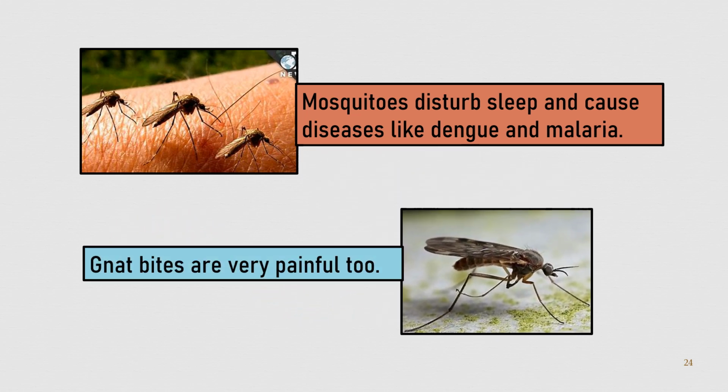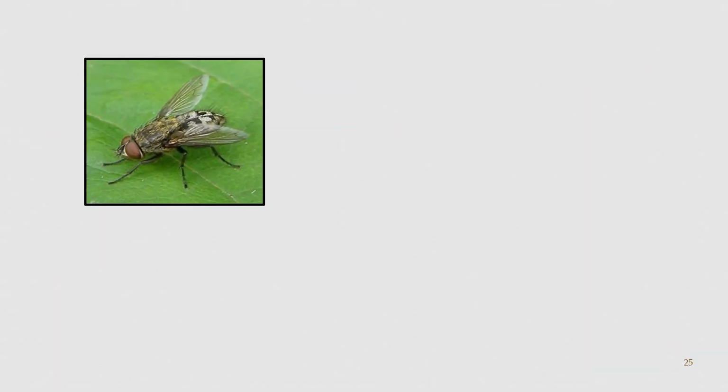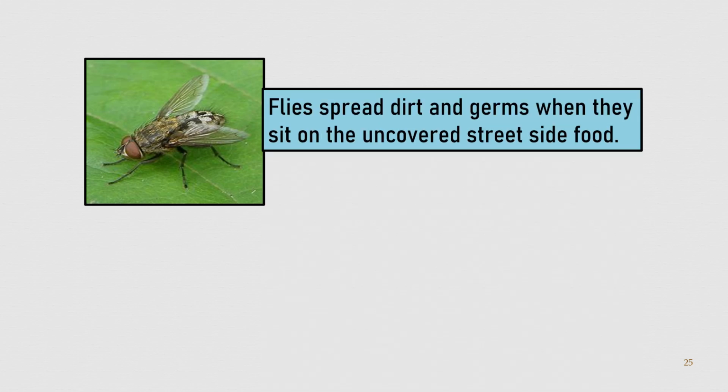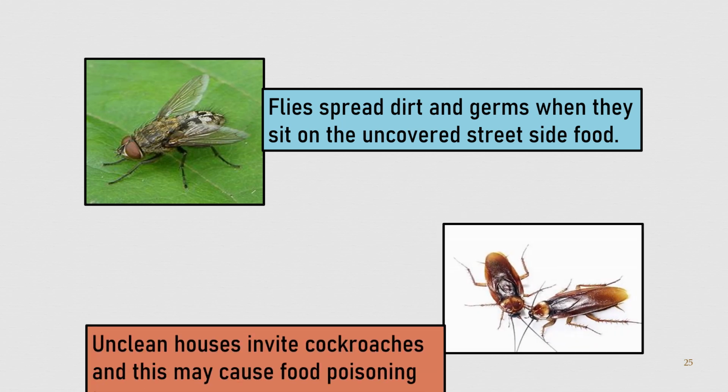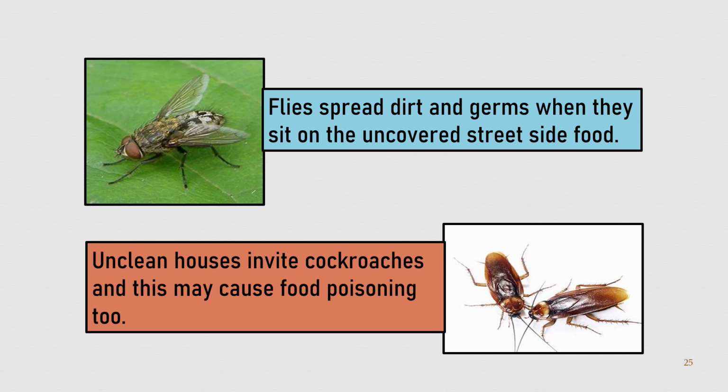Gnat bites are very painful too. Flies spread dirt and germs when they sit on the uncovered street side food. Unclean houses invite cockroaches and this may cause food poisoning too.